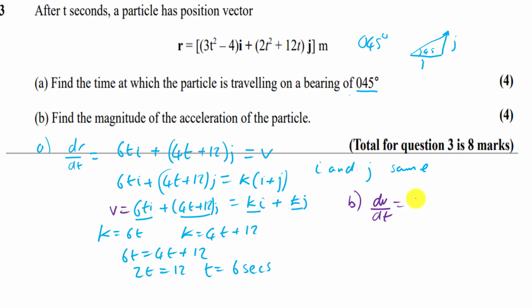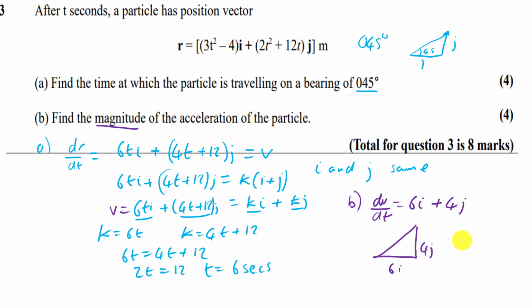So we get 6i plus 4j. Now, because it says magnitude, that's when we have to do Pythagoras here to get the magnitude.